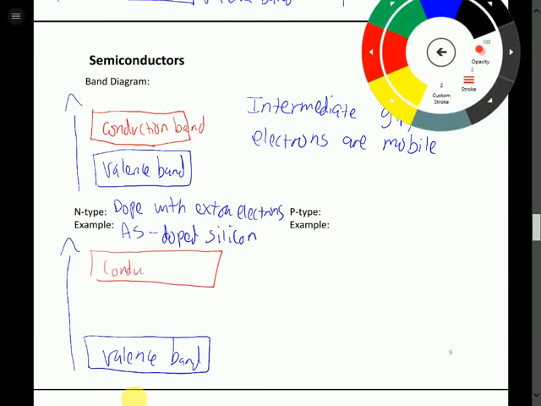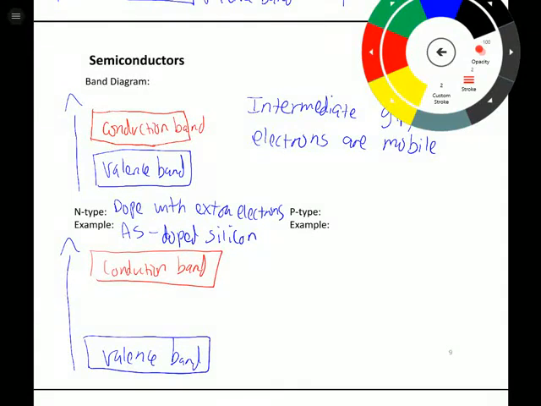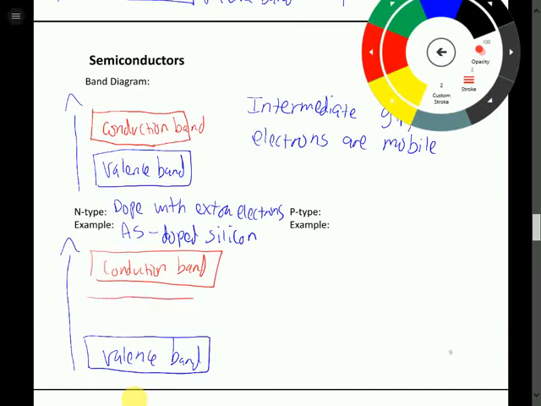No electrons in here. But when we introduce these dopant atoms, in this case arsenic, which has extra electrons, we have to fill additional orbitals now because our valence band can't accommodate all the electrons anymore. We have extra electrons added in, and so we have sort of these extra charges here close to the conduction band, which I'll represent with little dots here.